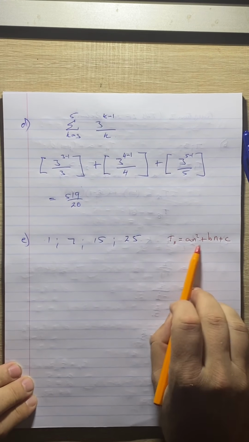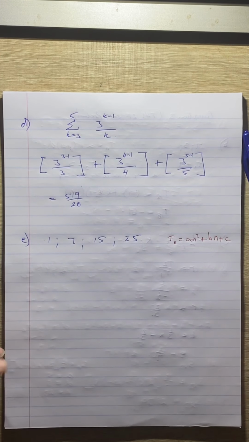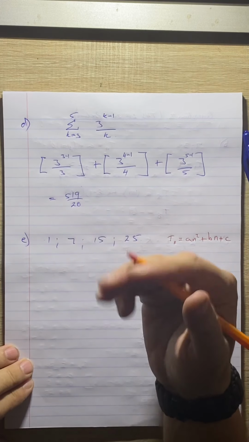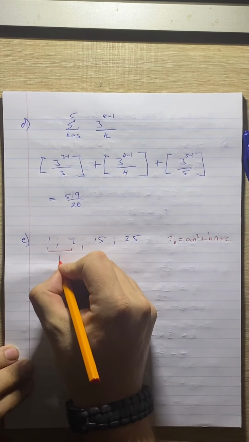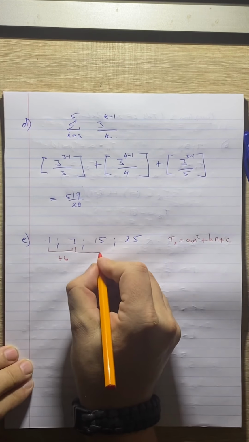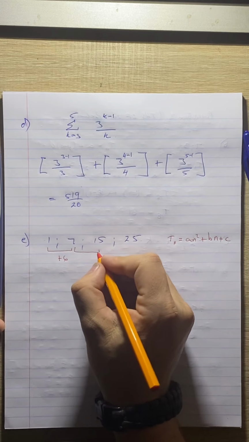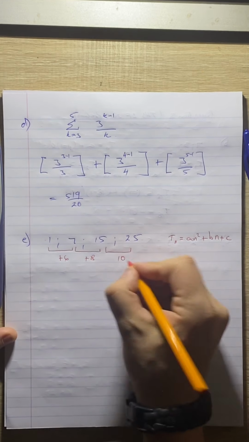This formula is not given on your formula sheet, guys. You need to know this one. For a quadratic, we're going to get a constant second difference. To get from there to there, we added 6. From there to there, we added 8. From there to there, we added 10.